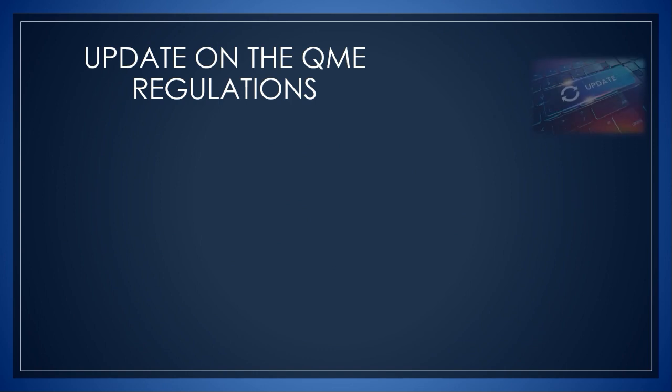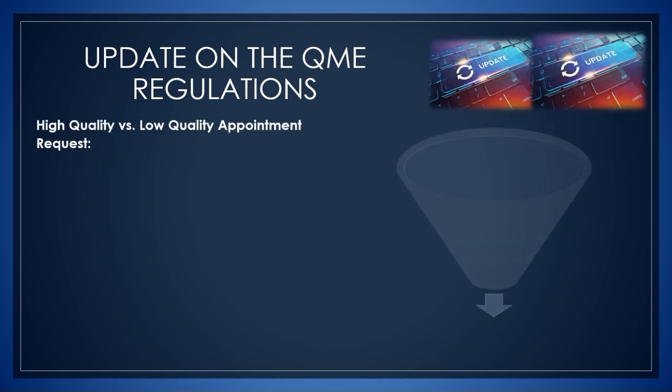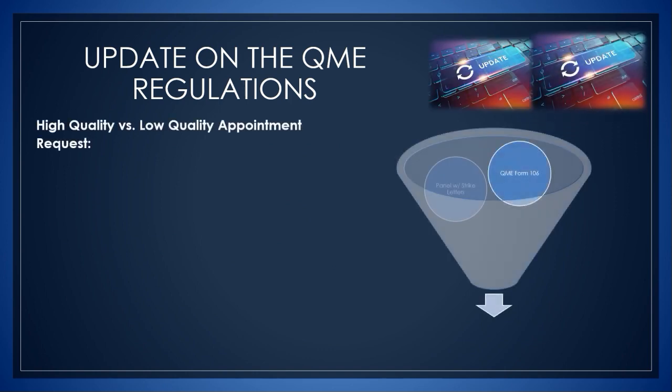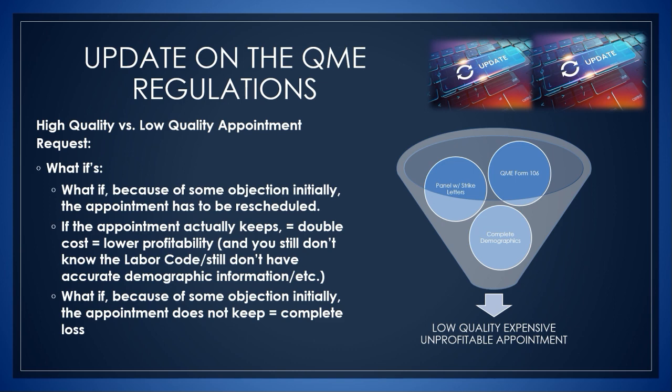Now, let's imagine a scenario where one or the other of the parties actually has some objection to the evaluation moving forward. And you end up with what appears to be a low quality, expensive, and unprofitable appointment.